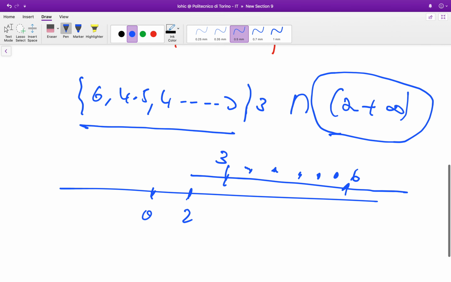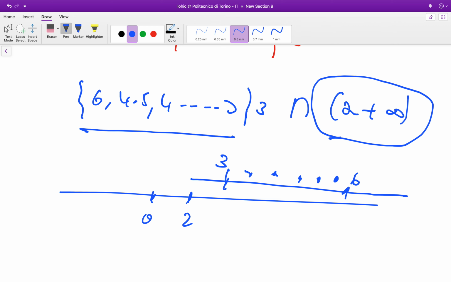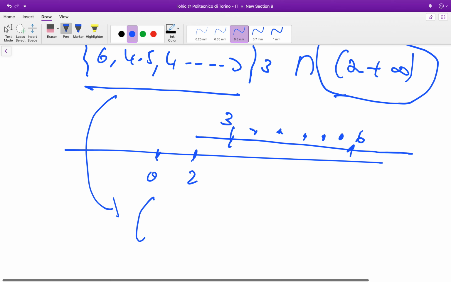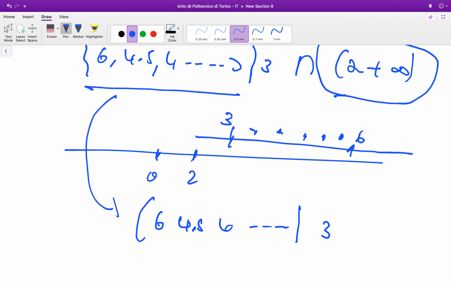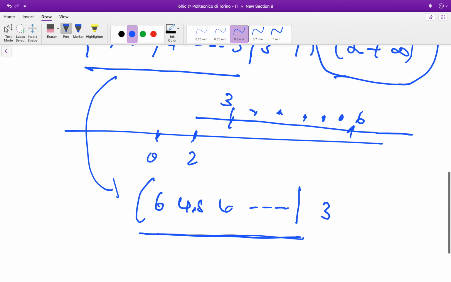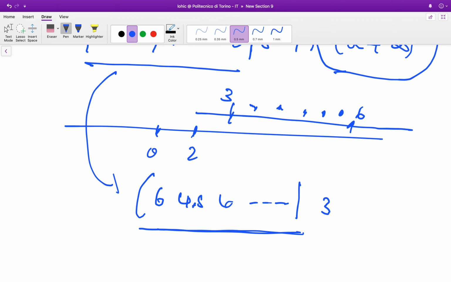If I intersect the two, the intersection gives me only the numbers 6, 4.5, 4, and so on, approaching 3. When I intersect two sets, the intersection gives the elements that belong to both. So the intersection just leads to this set.